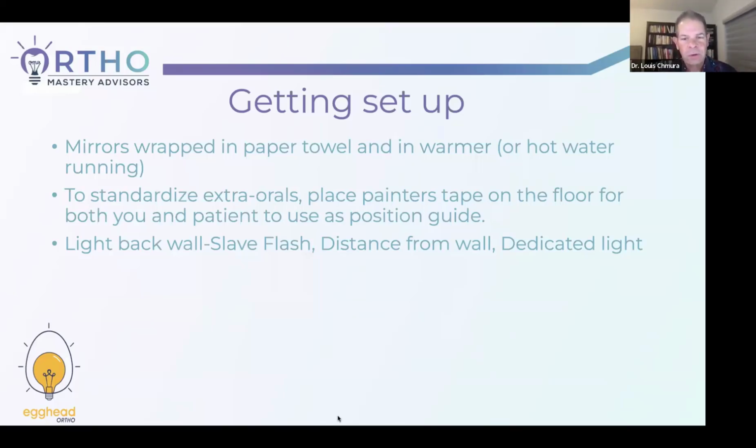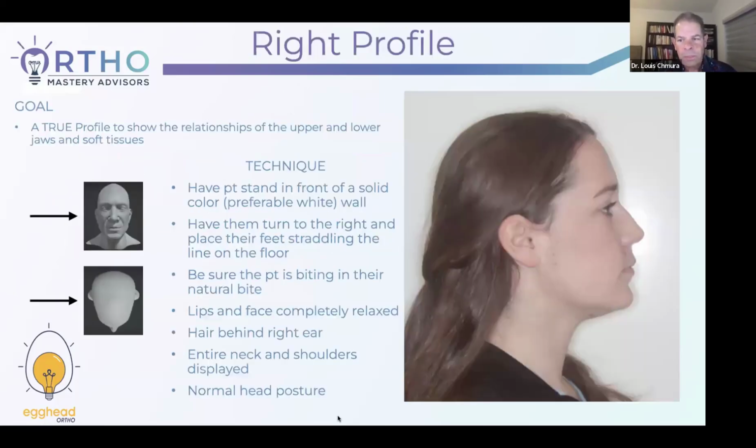That's what you're really trying to do, is eliminate shadows. You could put just a light behind the patient and light up the back wall. But if the back wall is lit up by the light in the room, just have them stand a little ways off, 2.5 feet away from the wall, and you should not have a problem with shadows.